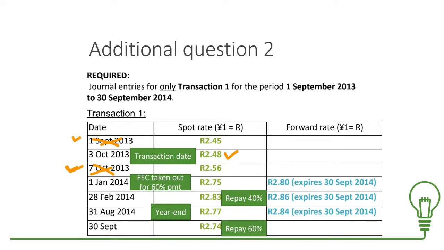So if we get a question and we're dealing with PPE, the examiner might throw in there that, listen, this is PPE and it was only in a state that can be used by management on a different date to the transaction date. That's possible. So we just need to watch out for that in our tests and our exams and our tutorials, right?